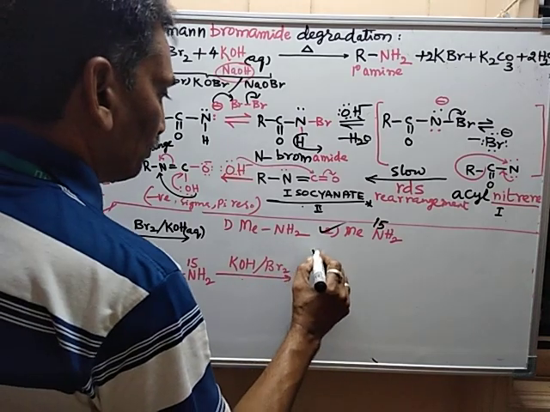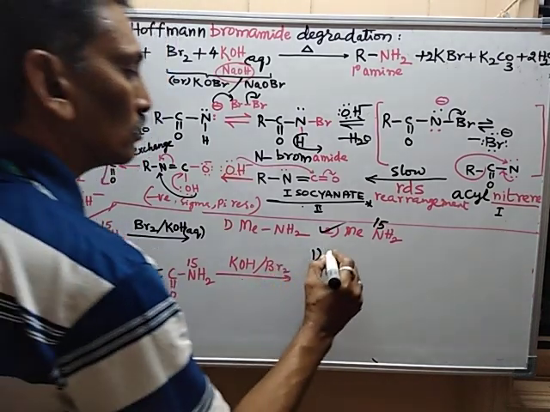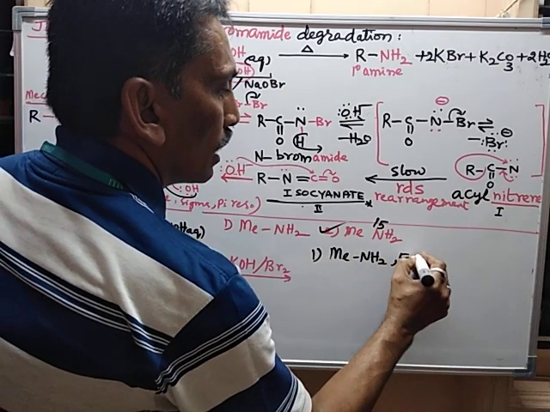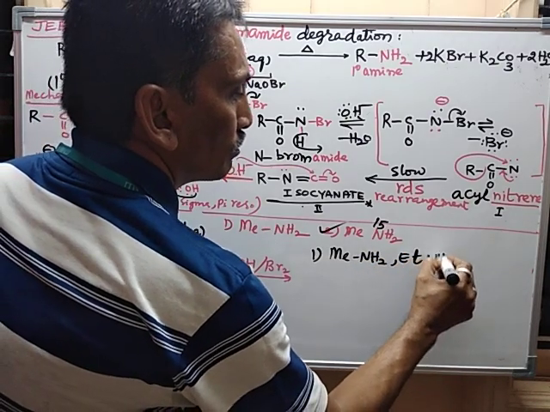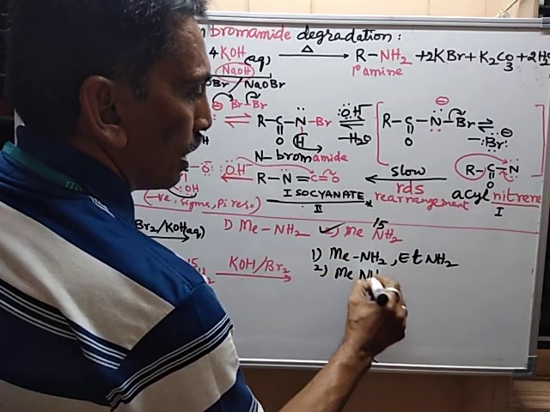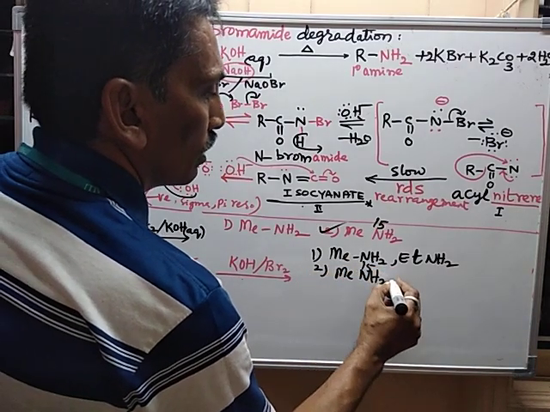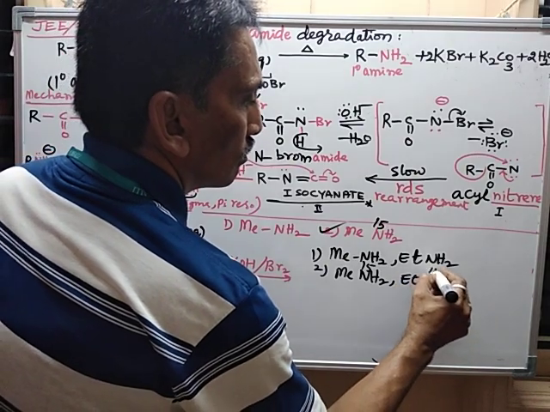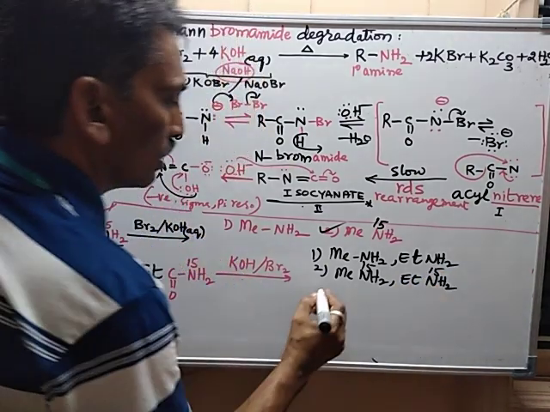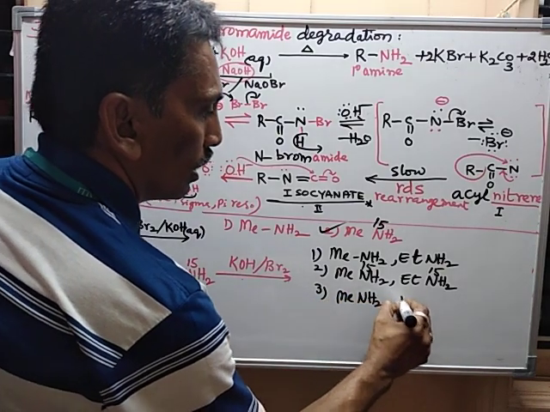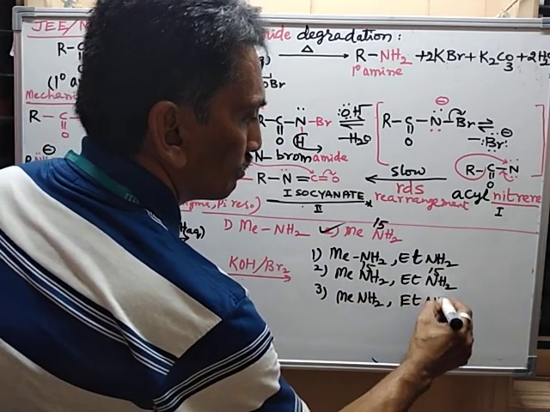Option 1, that is methylamine and ethylamine. Second option, methylamine 15 and ethylamine 15. Third option, methylamine normal and ethylamine 15.